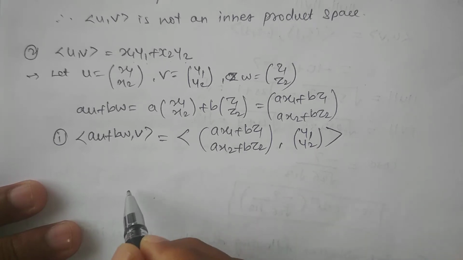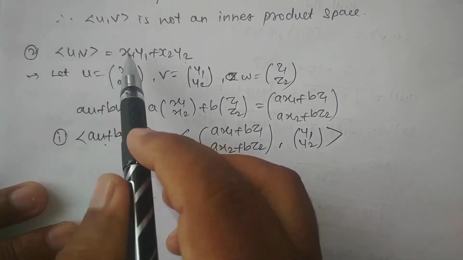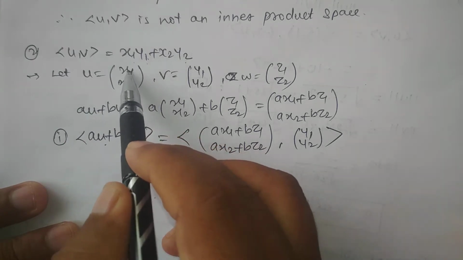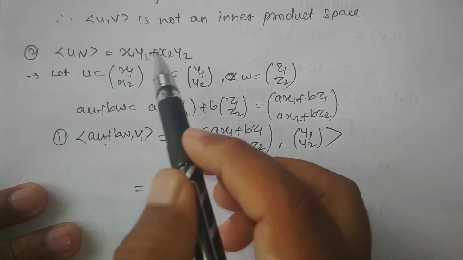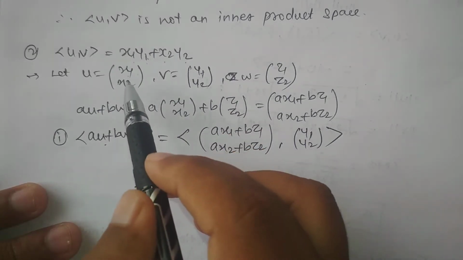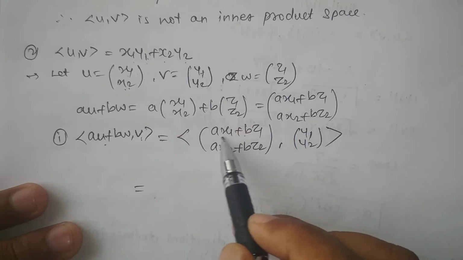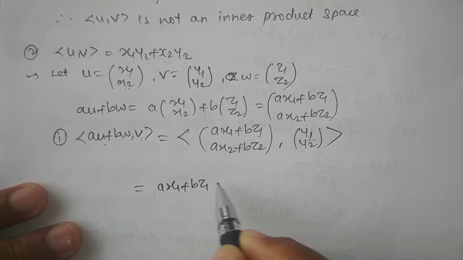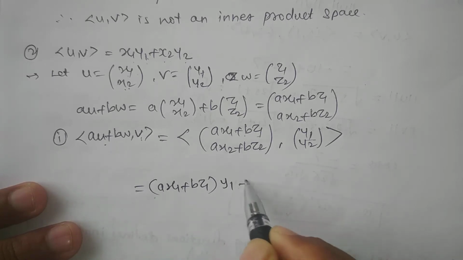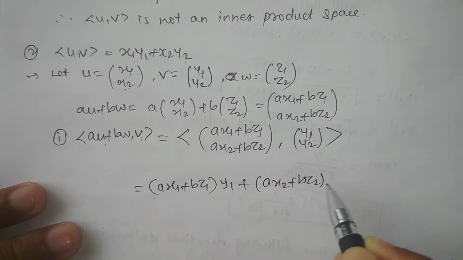In this example the definition of inner product of u comma v is x1 y1, the multiplication of the first terms of these two vectors, plus x2 into y2, the multiplication of the second terms. So the same definition we use here. You will get ax1 plus bz1 into y1 plus multiplication of second terms, ax2 plus bz2 into y2.